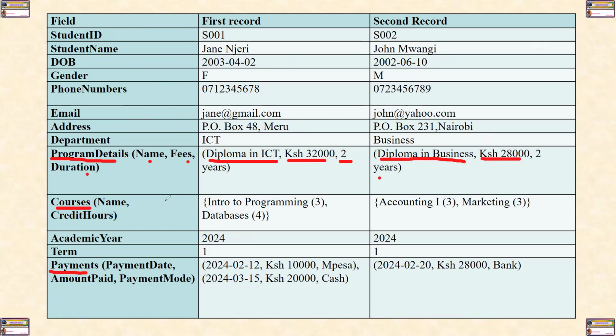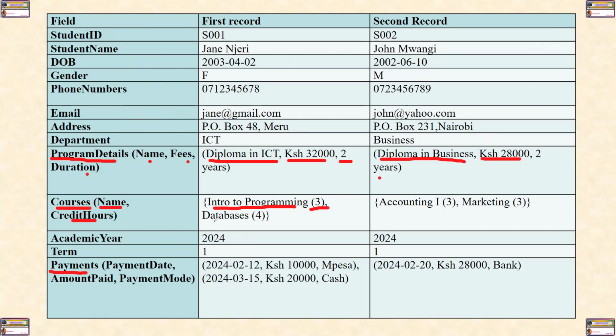When you look at this field called courses, you can see this data is also cluttered here. We have the course name and the credit hours. If you look at Jane, we have Introduction to Programming as the course. The course is supposed to give this student 3 credit hours.